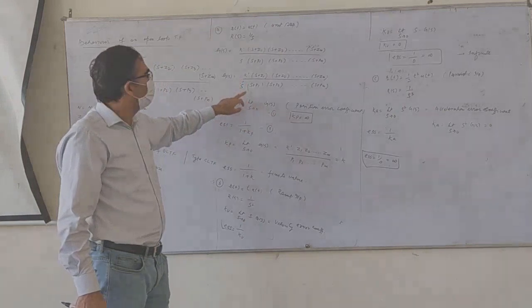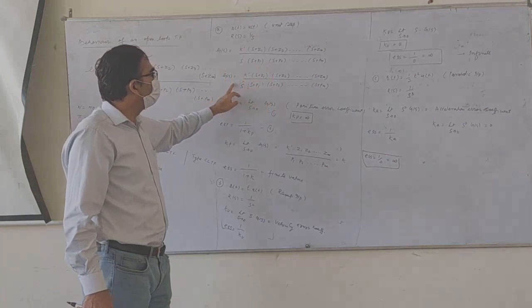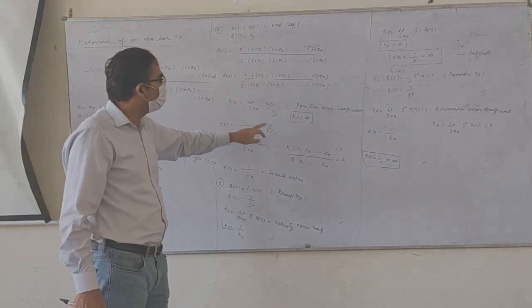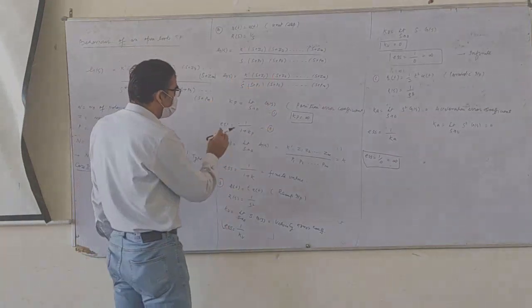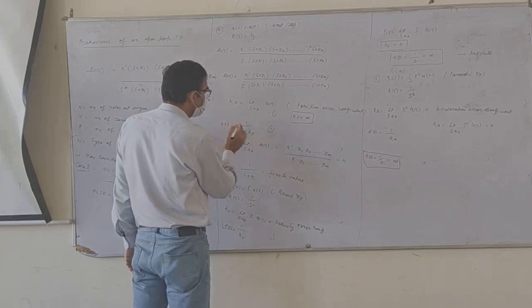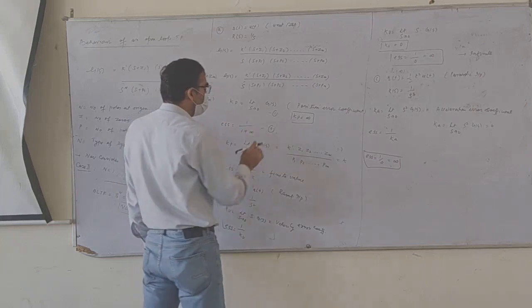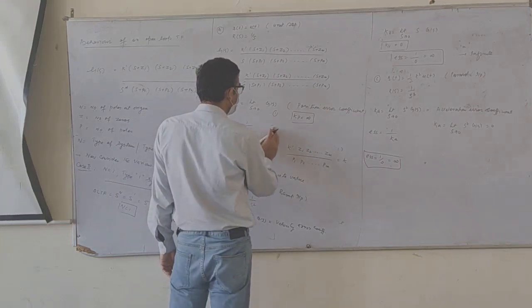That means s value is 0, so 1 by 0. Whatever is on the other side, we are not worried. 1 by 0 is what? Infinite. So if we talk about the steady state error of this one, it is 1 by infinite. 1 by infinite is 0.